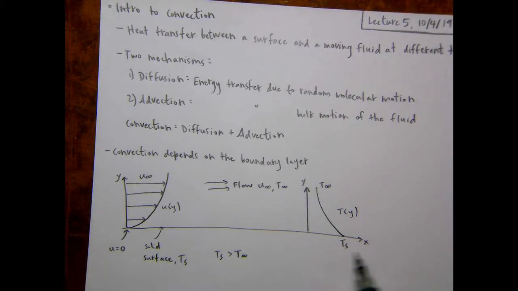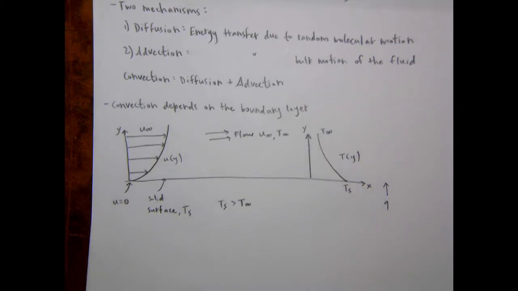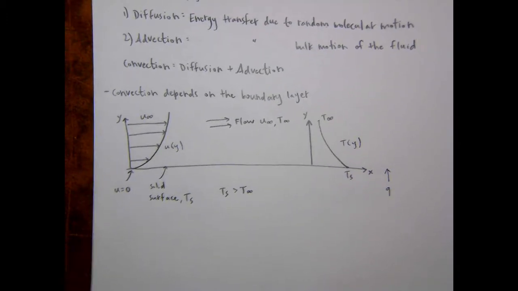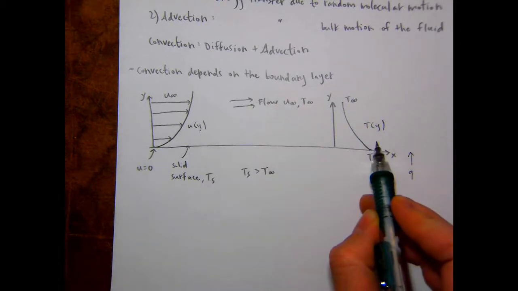In this case, the temperature of the surface is higher than the temperature of the flow, so we've got heat moving from the surface to the fluid, but it could be vice versa. So convective cooling or convective heating. So the velocity boundary layer, U as a function of y, and the thermal boundary layer, T as a function of y.